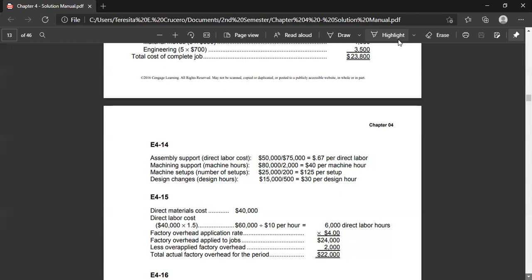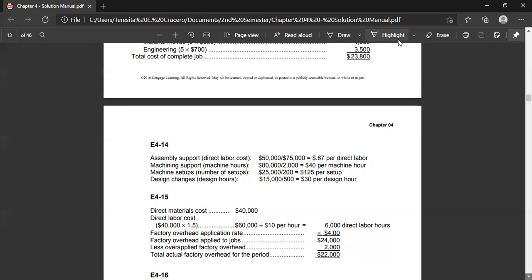First, solve for the direct labor cost and then your direct labor hours. Now we are going to determine direct labor cost, given at 1.5 times your direct material cost.